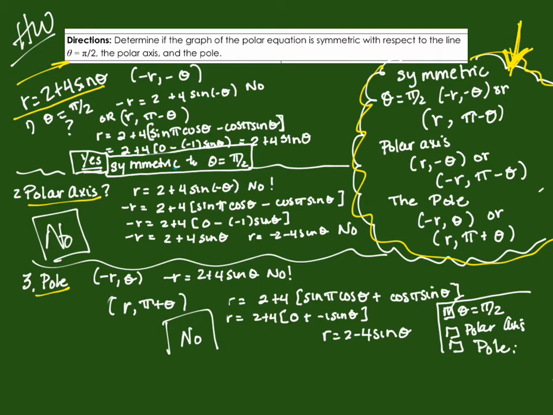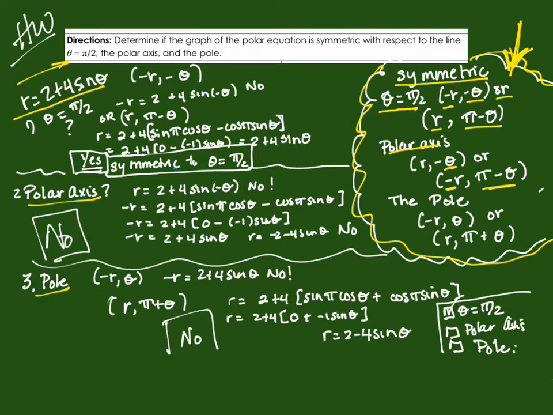You'll have this learned. So for symmetric to theta equals pi over 2, you do negative r, negative theta, or you do r, pi minus theta. For the polar axis, you change the angle to negative, or if that doesn't work, you change r to negative and then pi minus theta.